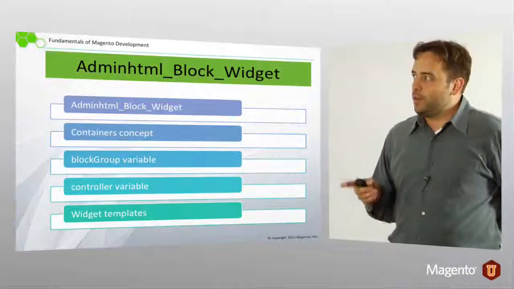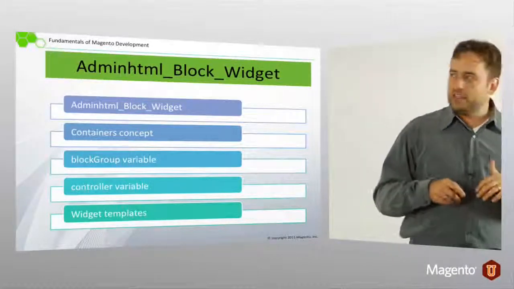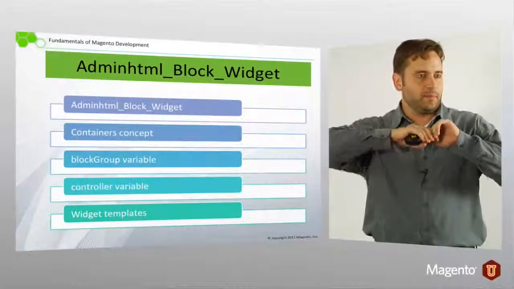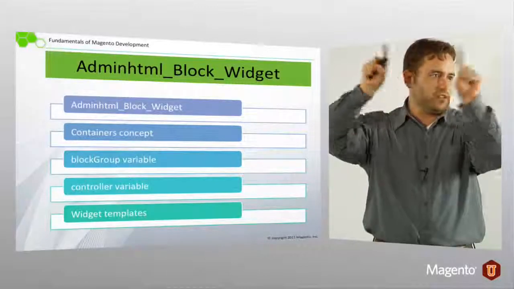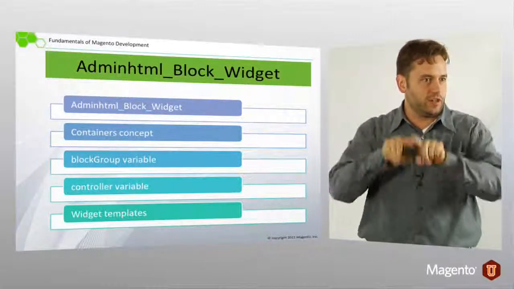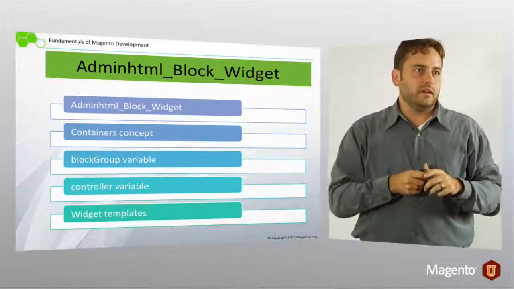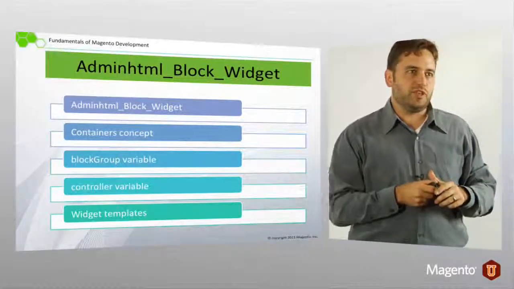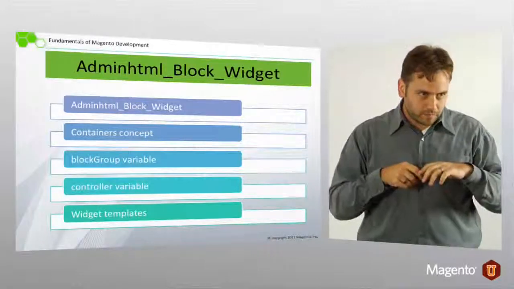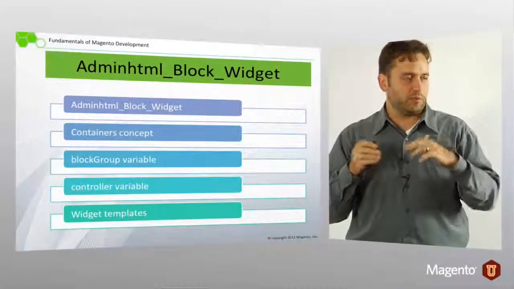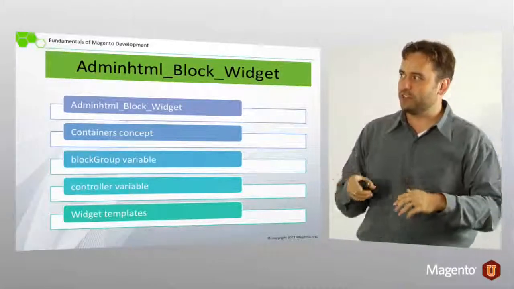So the big thing to get in your mind is that the admin pages are all just containers, and then containers for containers, and containers for containers. We're dealing with, in a similar way as with the front end with blocks, these containers that contain each other.